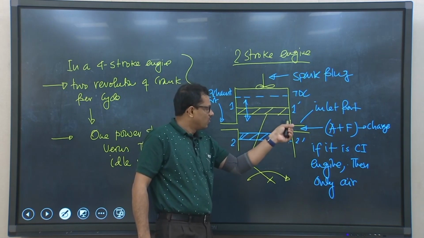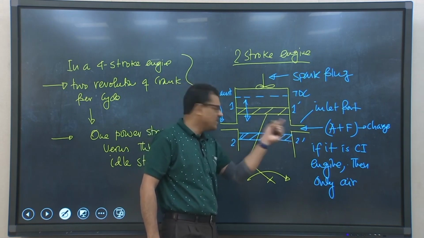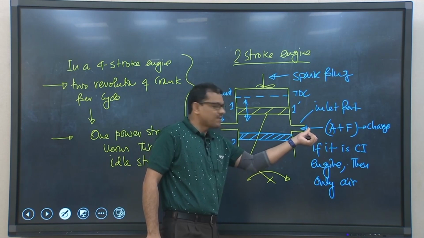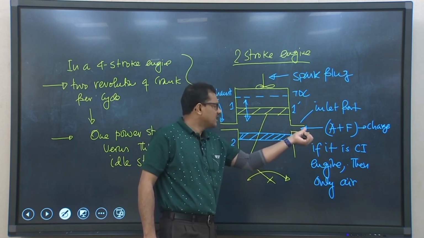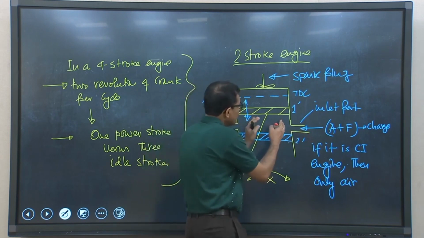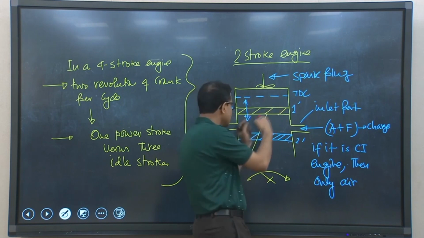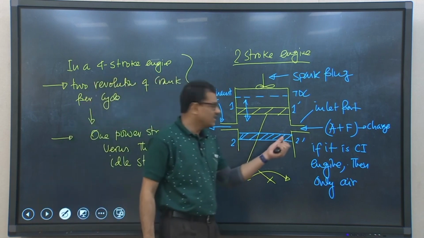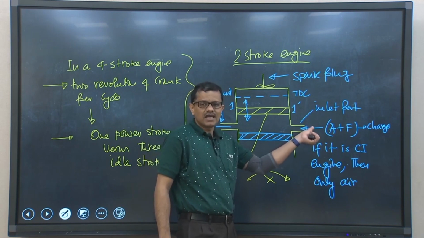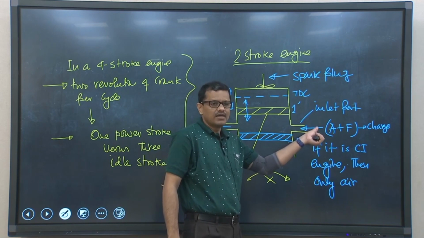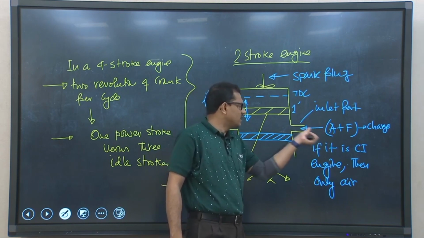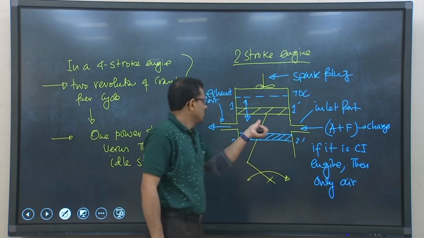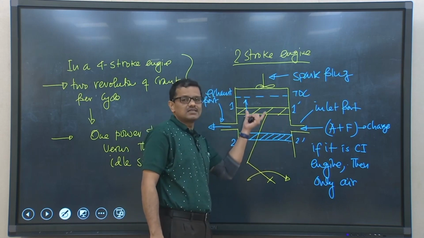When it uncovers, the inlet port will open, the exhaust port also will open, and if we supply air fuel mixture by a pressurizing system, then the air fuel mixture will be inducted into the cylinder and simultaneously remove the combustion gases that are inside the cylinder through this exhaust port.